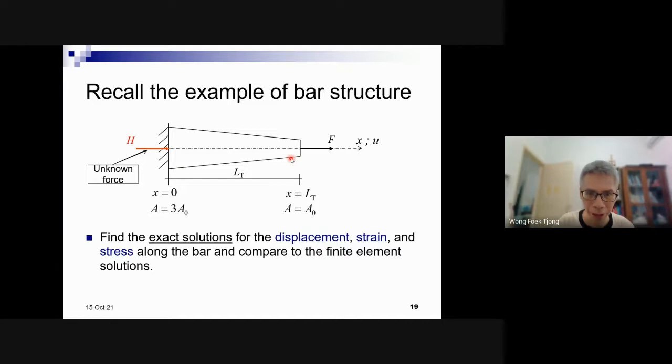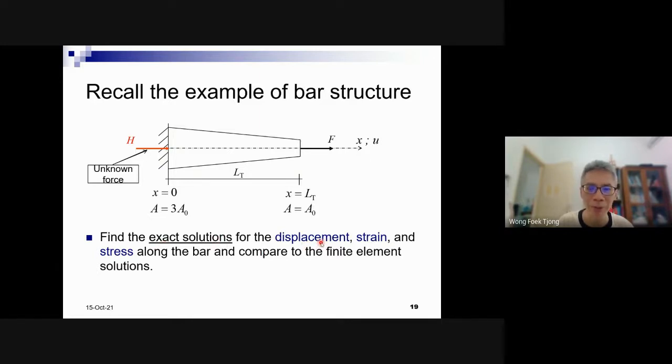Let's say the bar length is LT like this, and it is subjected to force. This force is given. This is the unknown support traction. We pretend it's unknown, even though we directly know it should be minus F. The problem is: given all of this, find the displacement.